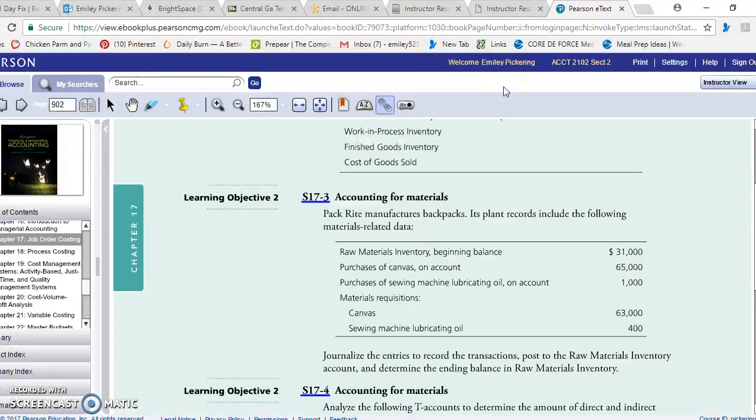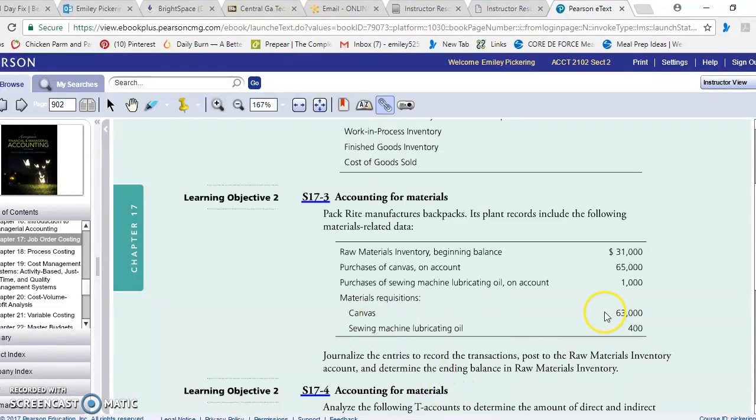So the next part of this is how much went from raw materials into work in process. And we can see that whoever is building these things, making them, requisitioned or asked for these materials from raw materials. They asked for 63,000 in canvas and 400 in sewing machine oil.